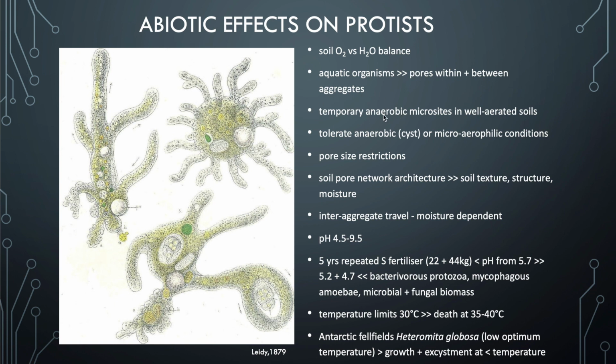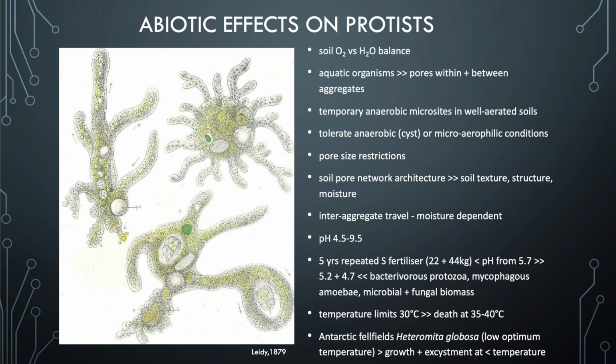They can be found in temporary anaerobic microsites in well-aerated soils. To tolerate anaerobic conditions in the soil, say the soil is waterlogged and oxygen has been used up, they can encyst, so become cysts. And some of them don't mind microaerophilic conditions.